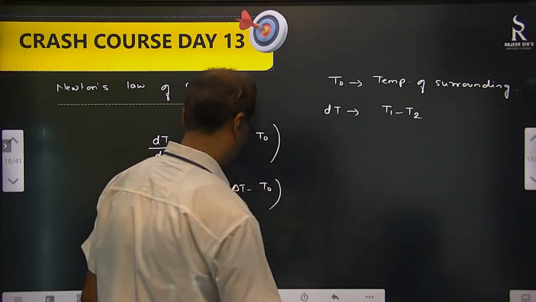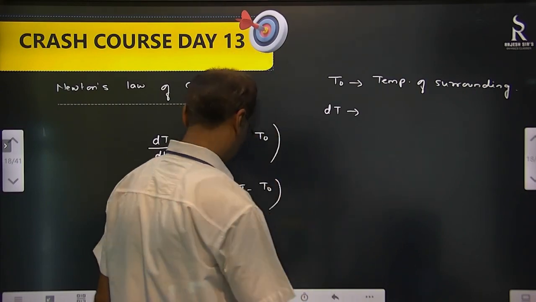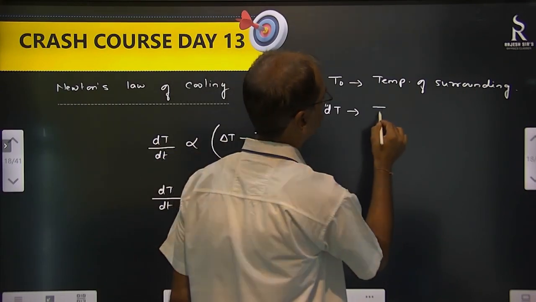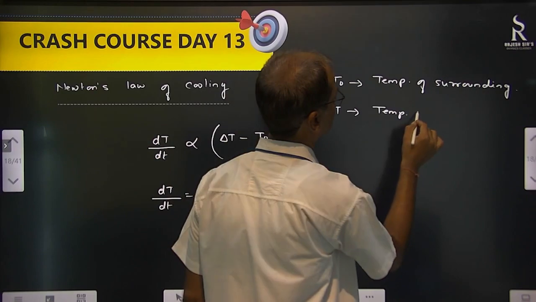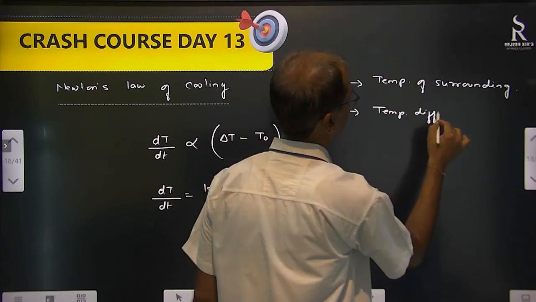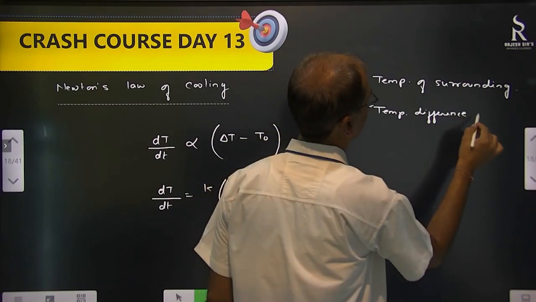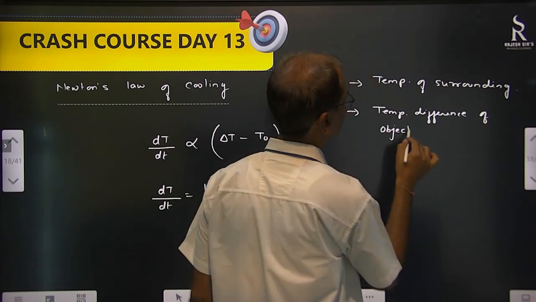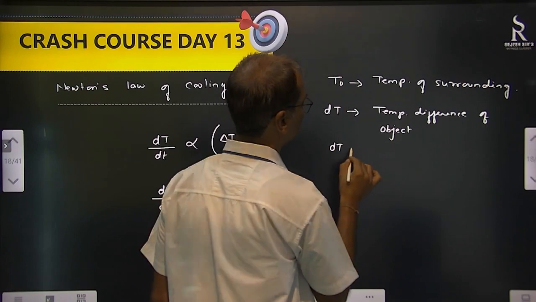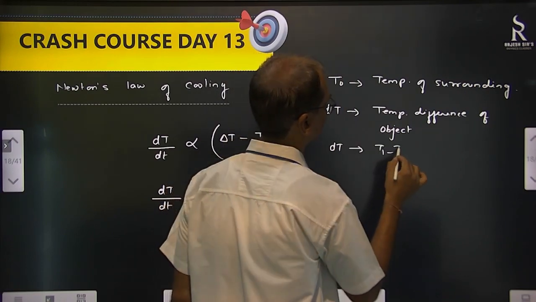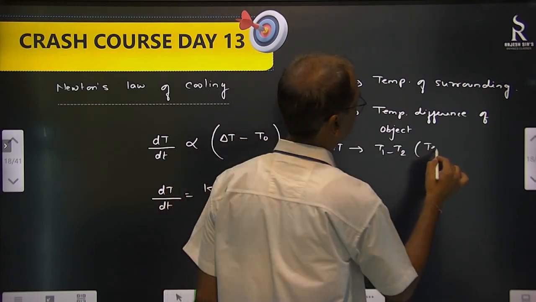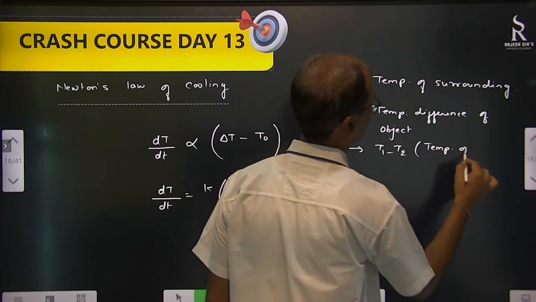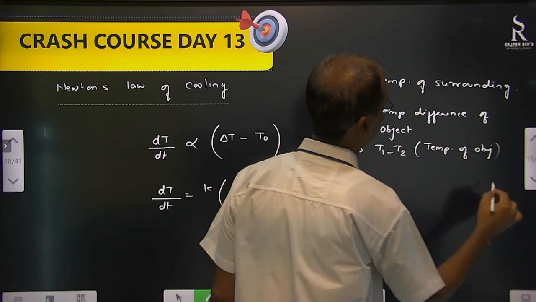I'll write first what it is. Temperature difference. Whose temperature difference? Of the object itself, because its temperature is going down. So dT basically is T1 minus T2, the temperature of the object.